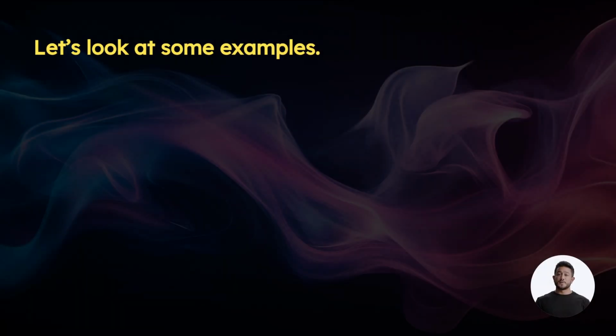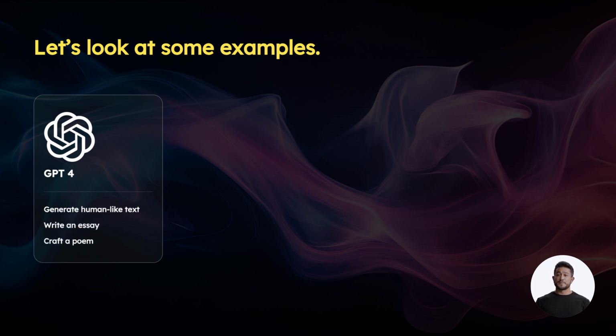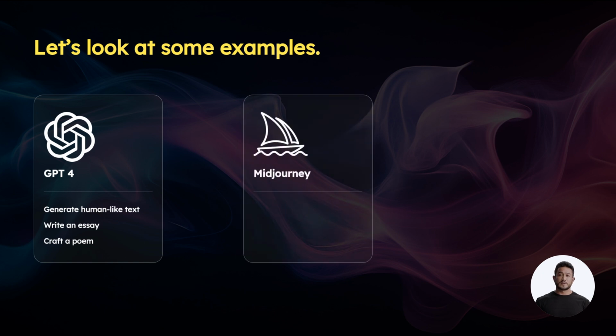Let's look at some examples. Tools like GPT-4, which you might have heard of, can generate human-like text based on prompts. You give it a starting point, and it can continue the text, write an essay, or even craft a poem. Then there's Midjourney, which we'll be diving into in this course. Midjourney can take a textual description and turn it into an image.